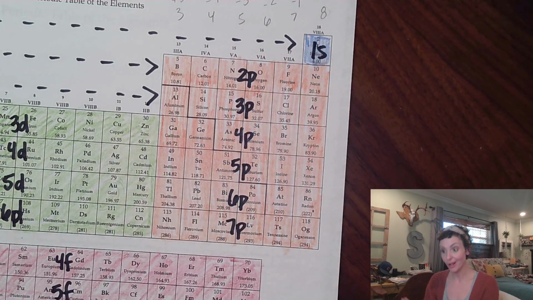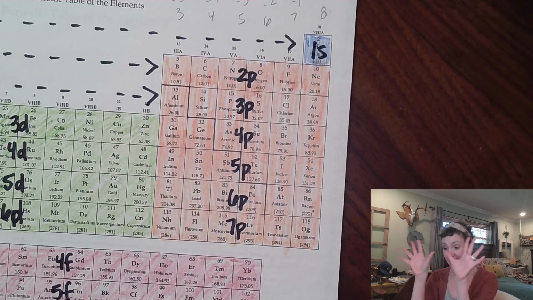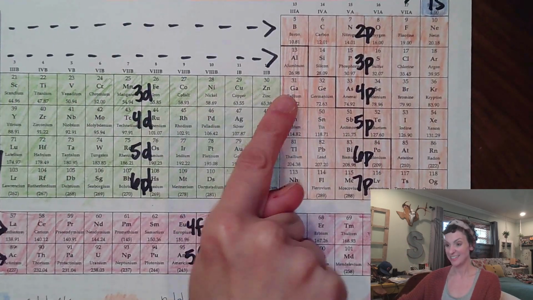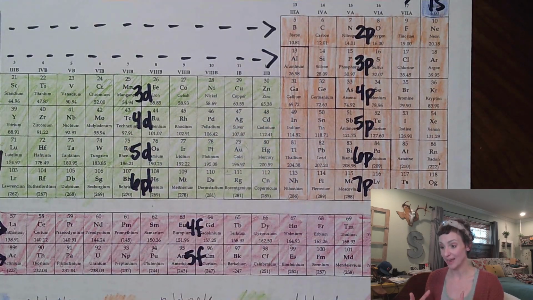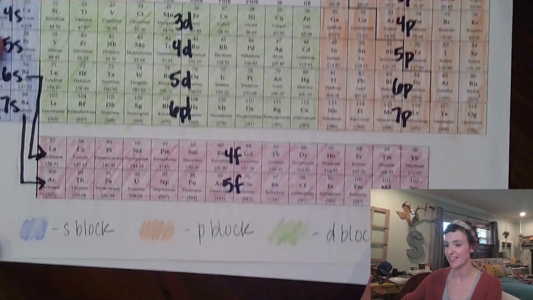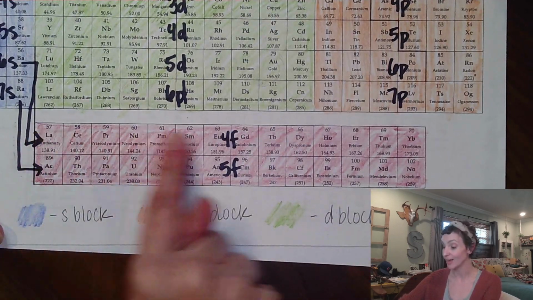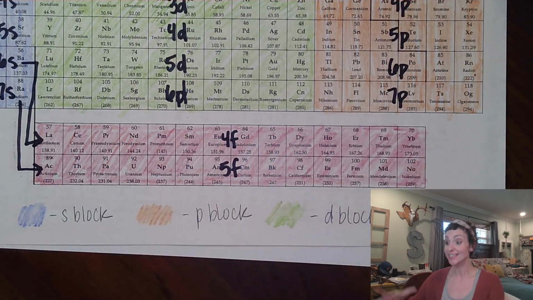And my D block with 5 beds, with 2 electrons per bed, that's 10 total electrons that can fit in a D room. Ten wide. And then my F with 7 beds, 14 total electrons. That is why this F block totally is 14 elements wide, right?